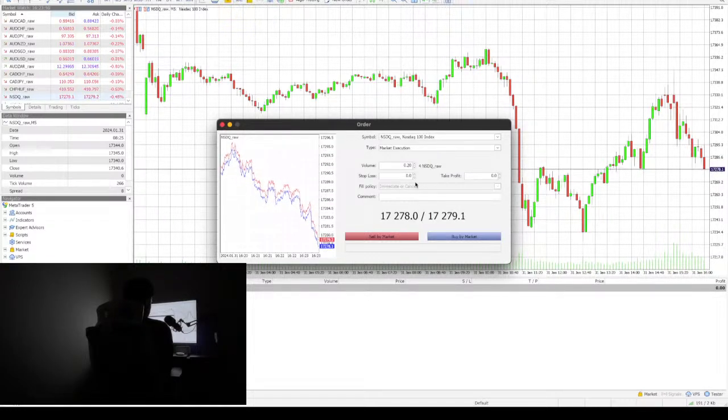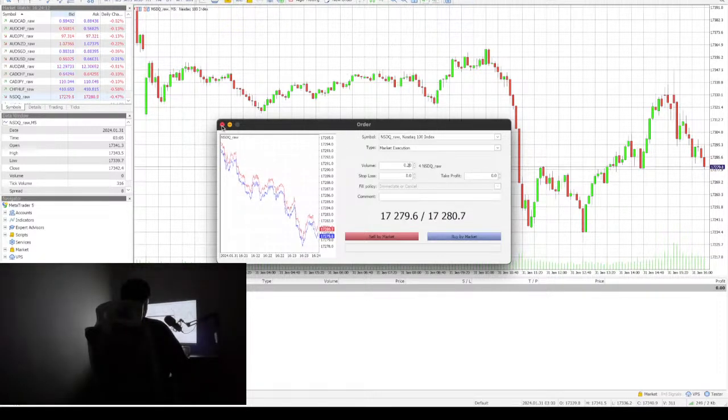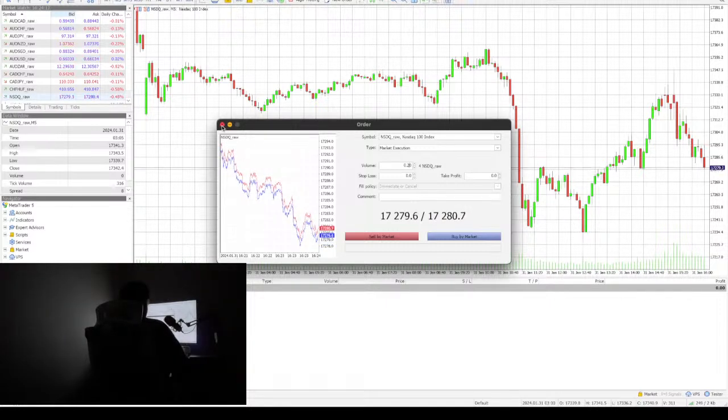But what I am confident is that my psychology is nice. I'm not doing any mistake by breaking my rules. First, two main things are I am not doing any oversizing. Second is I am not doing any revenge trading. I don't remember in the past 3 months if I have done any revenge trading and I have lost money due to that.